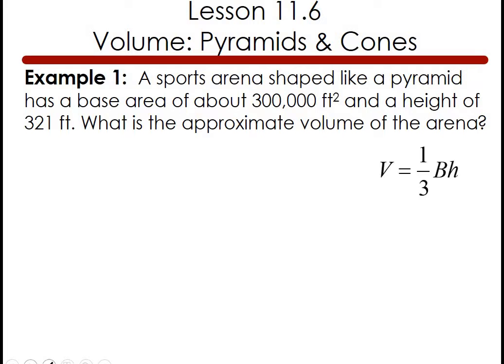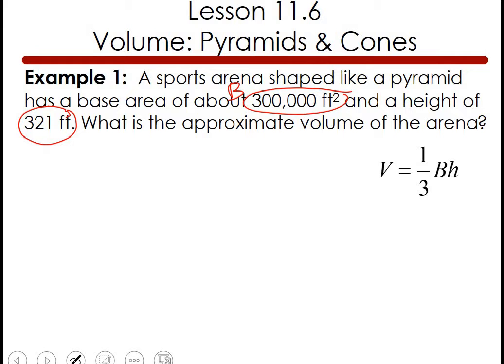Okay, let's try this. A sport arena shaped like a pyramid has a base area, that's the capital B, of about 300,000 feet squared, and the height is 321 feet. What is the approximate volume of the arena?